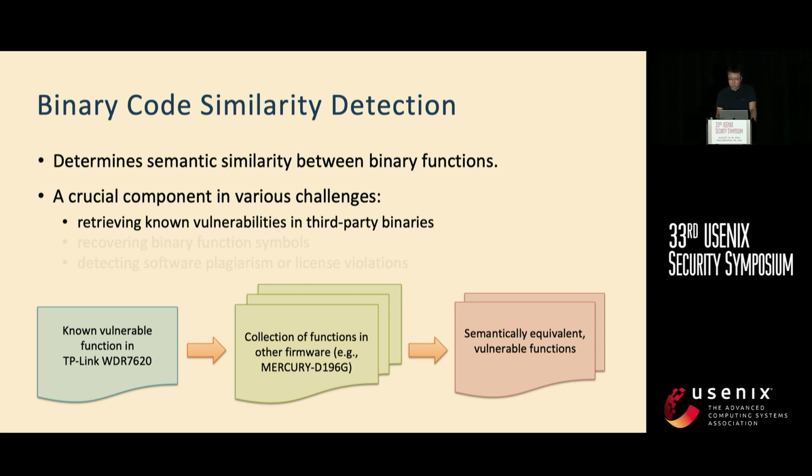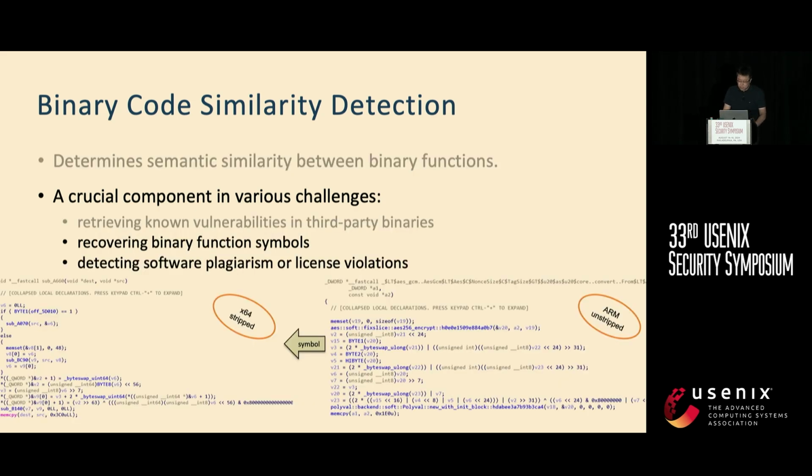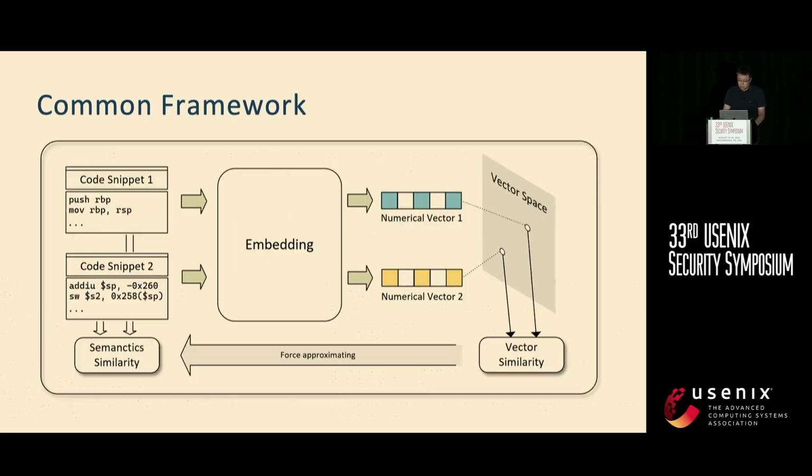We can first compute the similarities between the vulnerable functions and all the other functions from the firmware. Then for the functions with high similarity scores, we can further investigate them and see if they are vulnerable. In addition, binary code similarity detection can be used to recover binary function symbols, detect software plagiarism, or license violations.